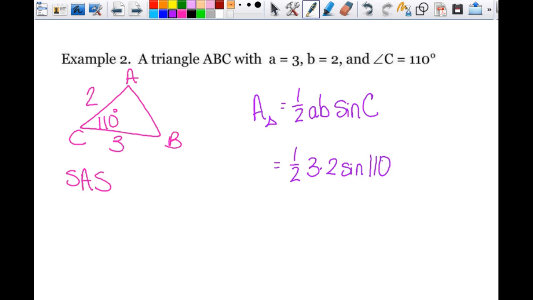If you make these out to be too terribly easy, then you forget to check certain things on your calculator. What should you make sure you check on your calculator? Degrees, yes. Make sure it's in degrees. And you get what?